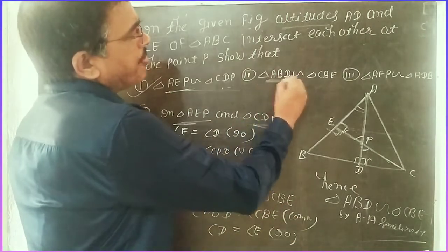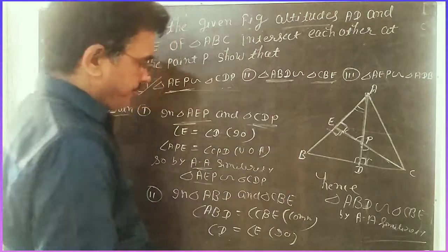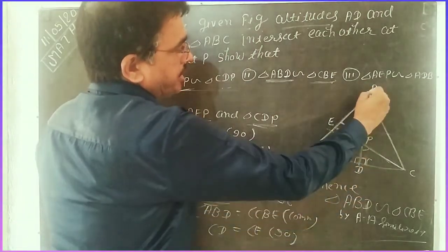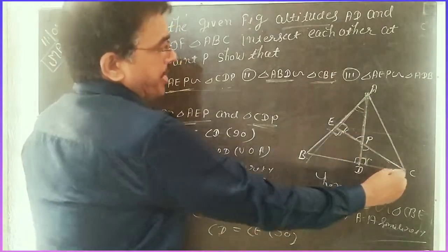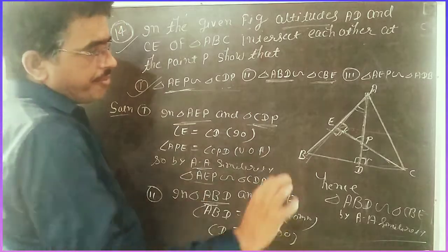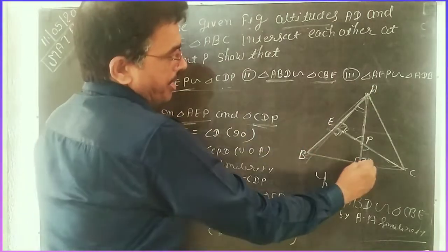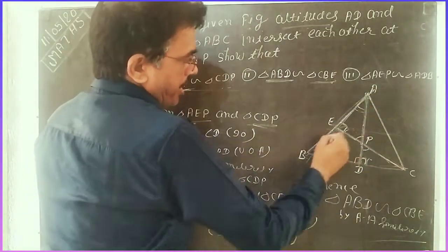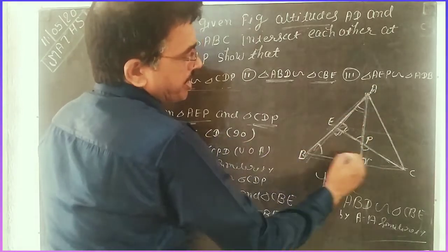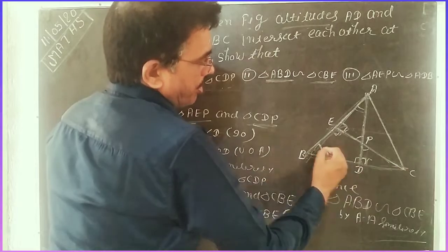Next question, ABD and CBE. Where is ABD? ABD, this triangle, and CBE. Find the relation between them. Here we find out ABD and CBE. Both triangles have angle B present.